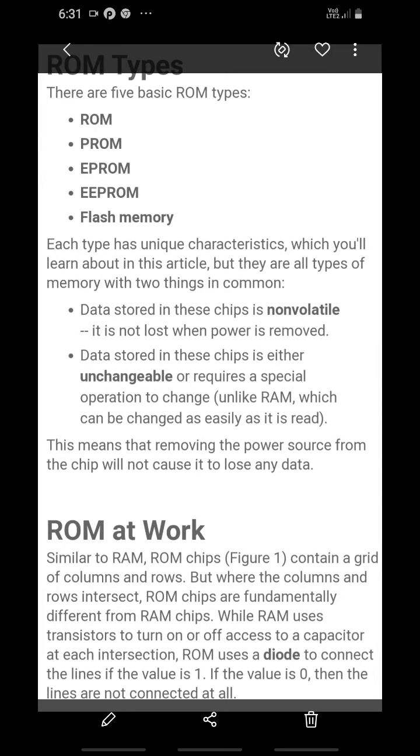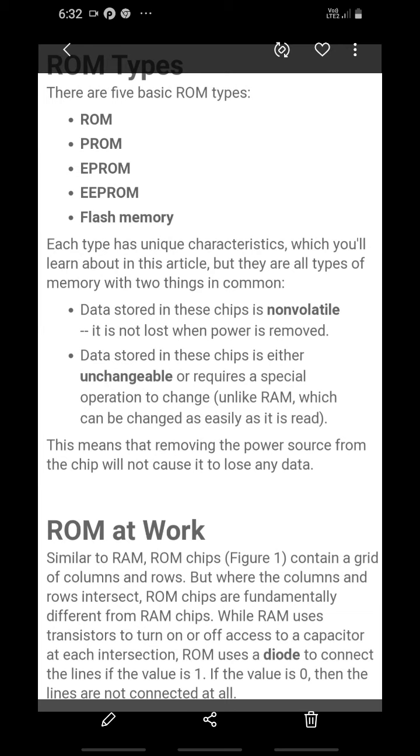So these are the 5 different types of ROM. Each type has unique characteristics which you will learn about in this article, but they are all types of memory with two things in common.